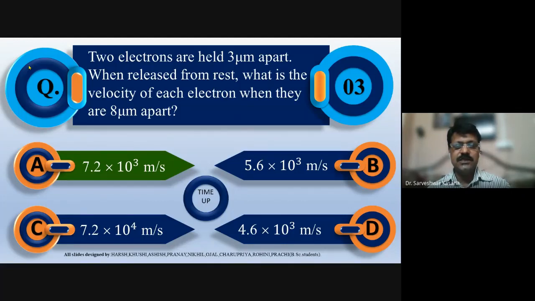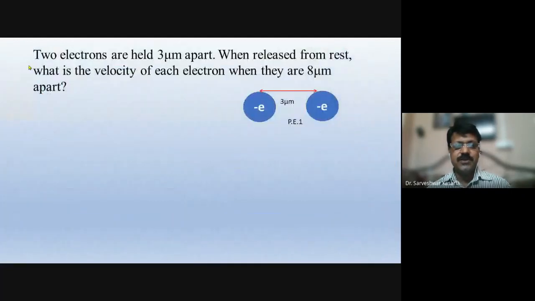So let us see how to solve this problem. Here these are the two electrons which are 3 micrometers away from each other. Here they have potential energy, say E1. Here the concept is that potential energy is equal to electric potential into charge.